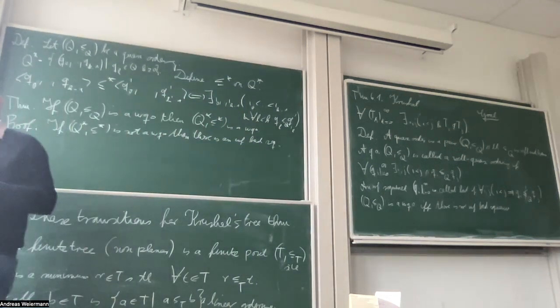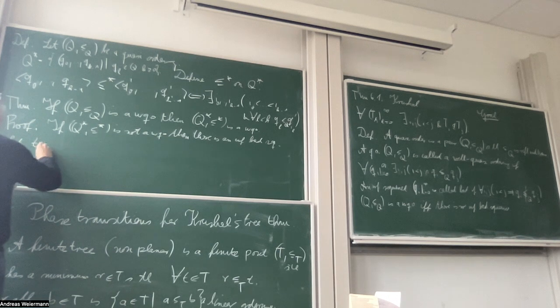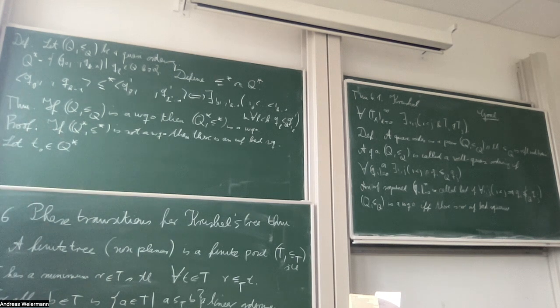Okay, now comes the trick, namely we form a special bad sequence. So let t_0 be the first member of an infinite bad sequence such that the length of the sequence is minimal. So the length of this sequence is, well, k, right?